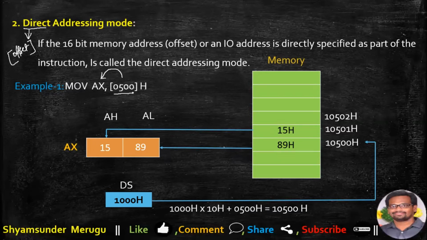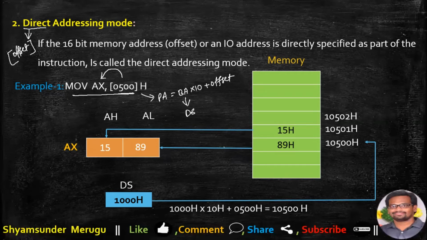So how can you calculate the physical address? To calculate the physical address, we require the base address times 10 plus the offset address, right? When we use these instructions containing general purpose registers, the base address will be given by the segment register like DS and ES.